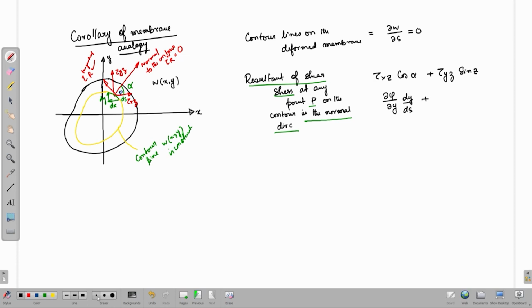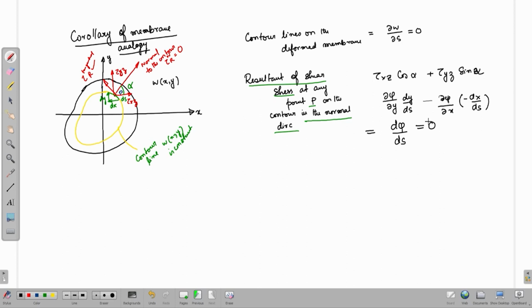Similarly, tau yz can be written as minus del phi by del x into sin alpha, and sin alpha is minus dx by ds. Therefore, this whole thing can be written as d phi by ds, and that has to be equal to 0, because phi is analogous to w.